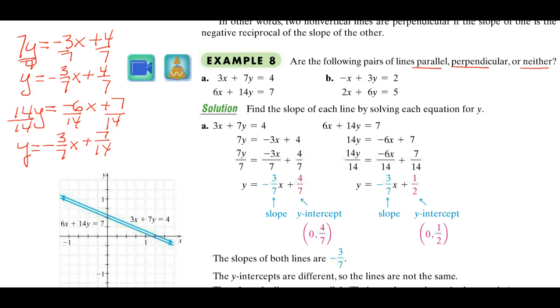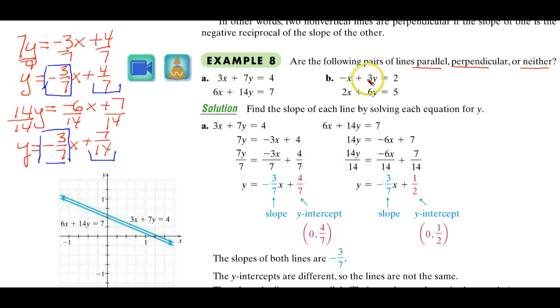And now what I do is I compare my slopes. My slopes are the same, but my y-intercepts are different. So the lines are parallel. And this is the proof of it. This is what I want to see on your blue sheets as you take your test on this. And this works supporting this type of problem in your quiz and practice.